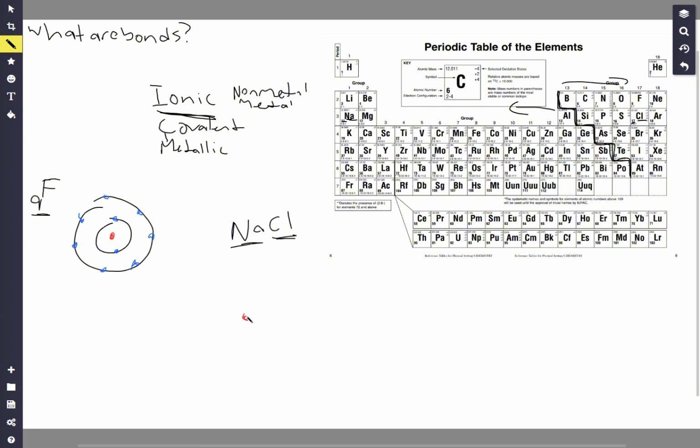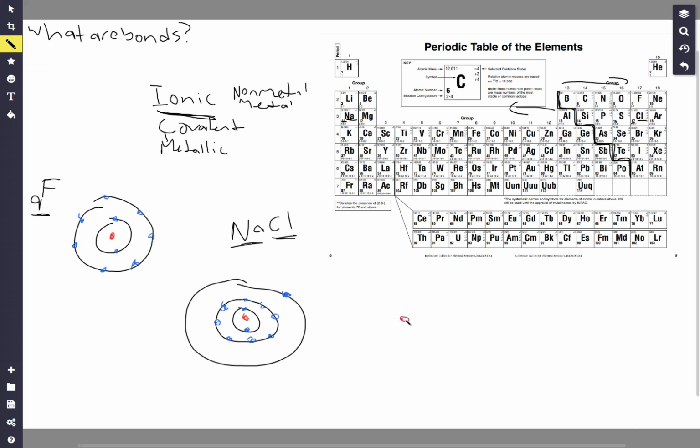So let's say this is Na's nucleus. It's going to have 3 shells and 11 electrons. So 2 in the first shell, 8 in the second shell, that's 8, and then 1 in the outermost valence shell in its third shell.